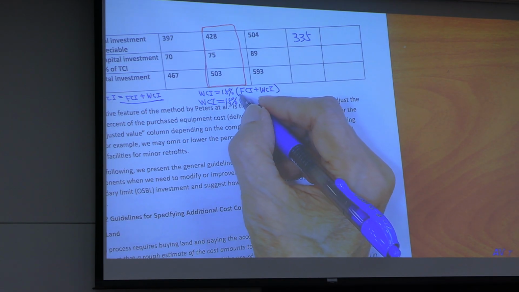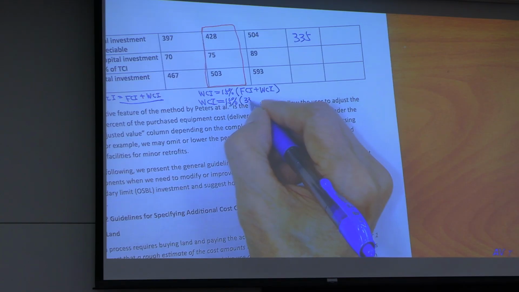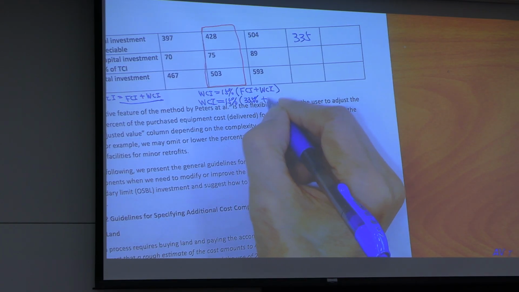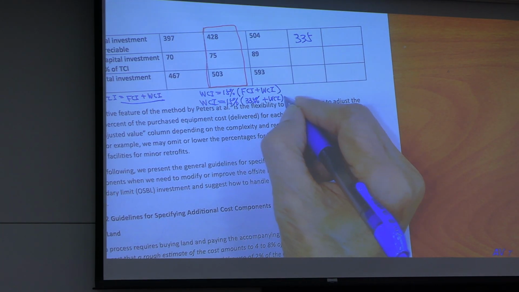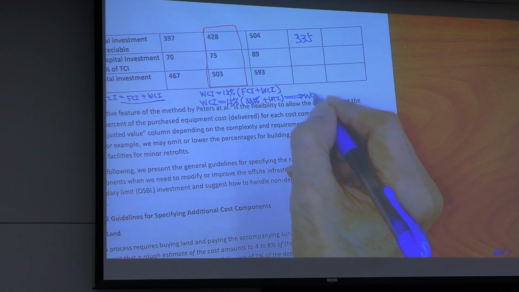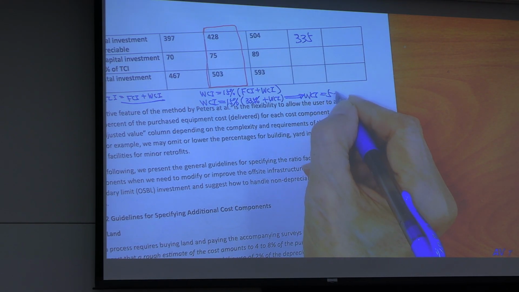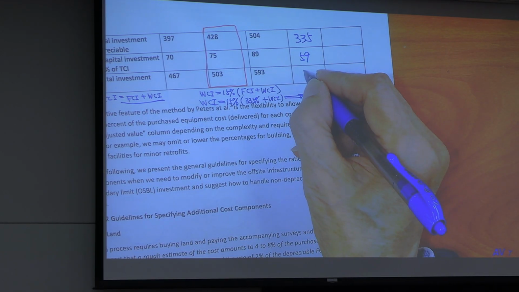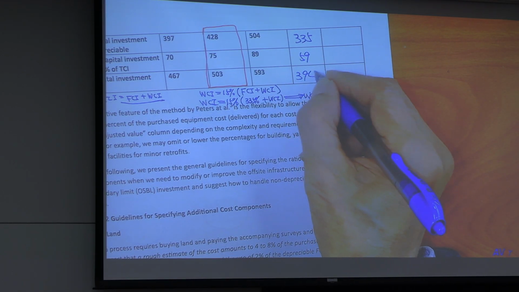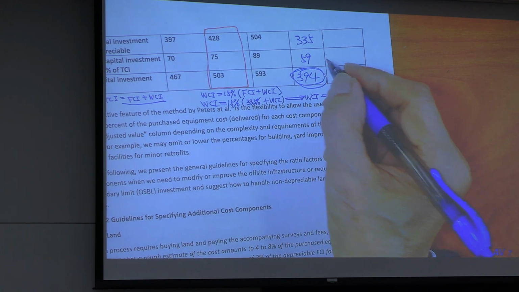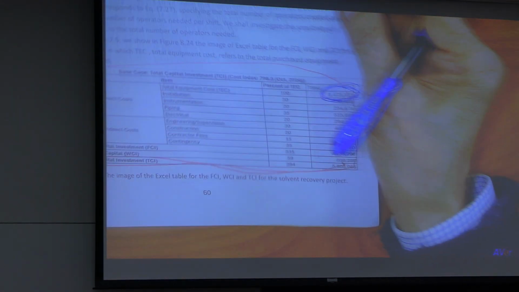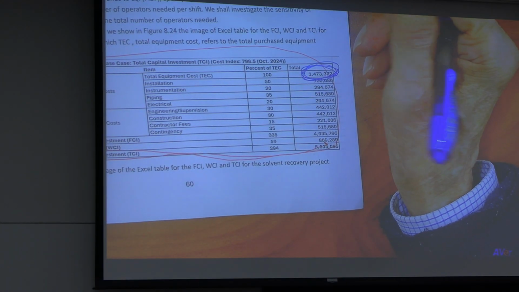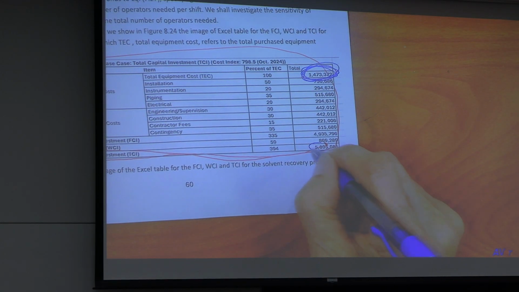FCI is 335%. This gives you WCI 59%. Total 394. Now I get back to this table. That is your total capital investment.